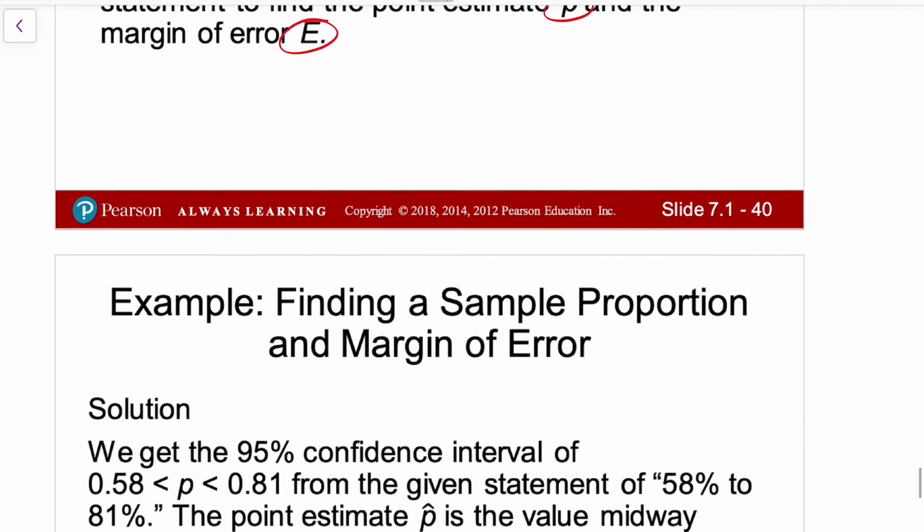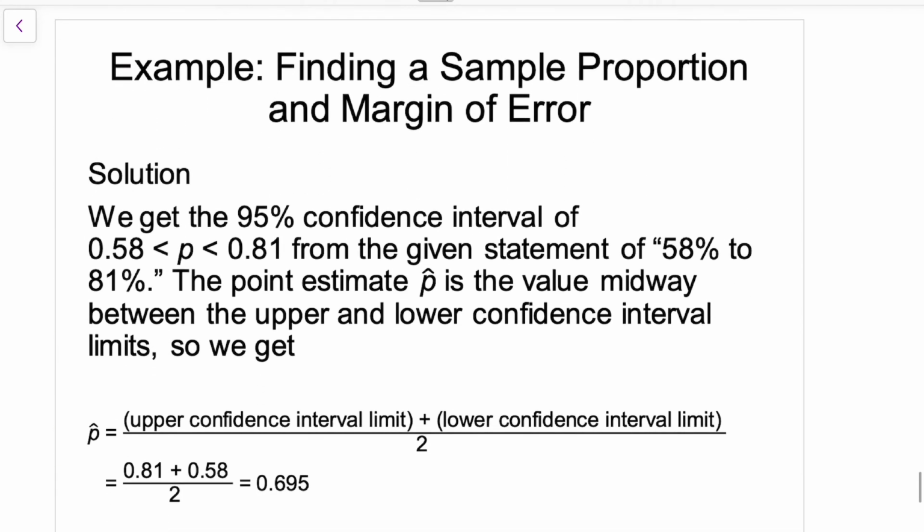And so we can use that formula from above: if I want to find my point estimate, my p hat, I'll take my upper limit of 0.81, add my lower limit of 0.58, and divide by 2. That will give us the point estimate for this problem of 0.695.